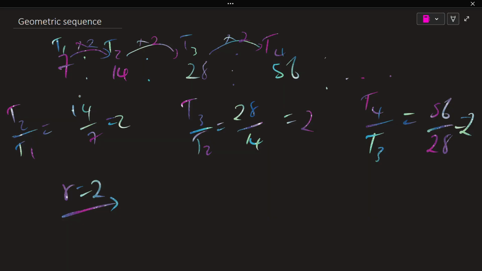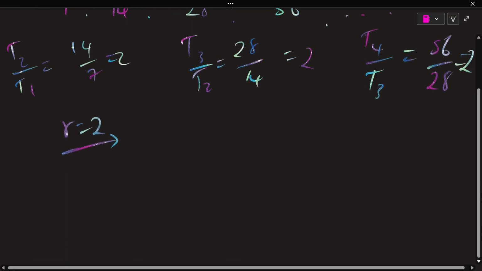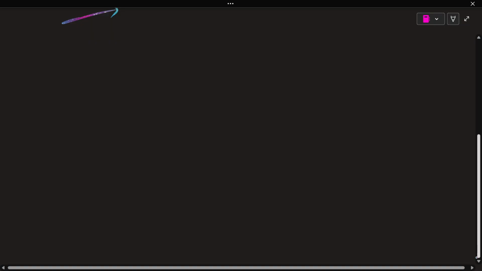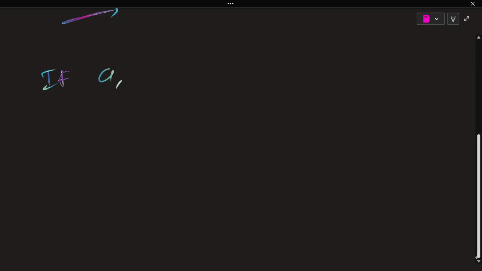Okay. Now, with that being said, if A and R both are elements of real numbers, and we have something like n here, which is an element of natural numbers, because n cannot be a decimal, it's a counting number.